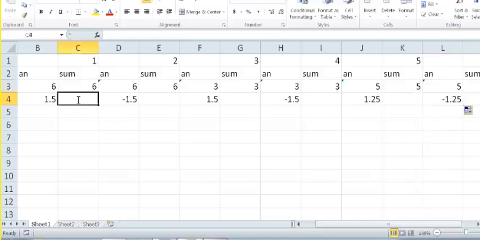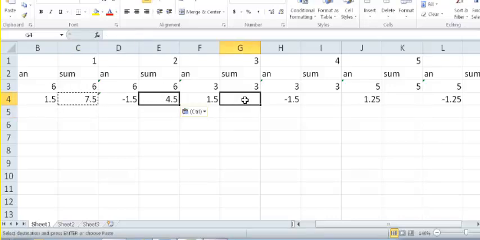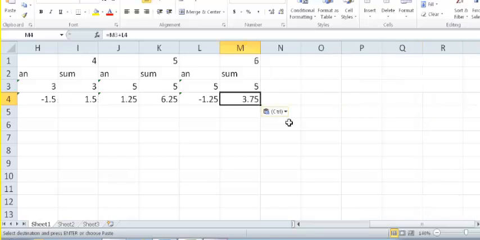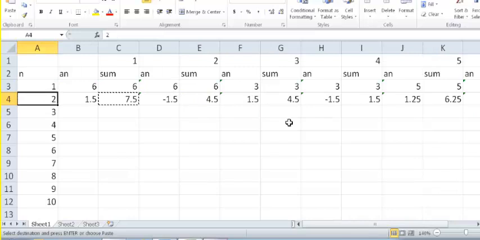And finally, the sum for the second term, take the first term and add the new number. So there I get 7.5. Whereas here I'll get 4.5, and here I'll get 1.5. Here I'll get 6.25, and here I'll get 3.75. Okay, so those are all the second sum. This is capital S1, this is capital S2, this is A sub 1, this is A sub 2.